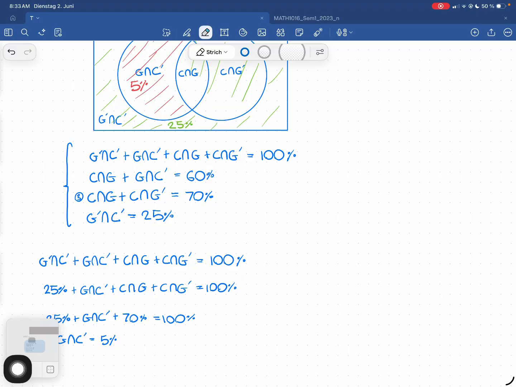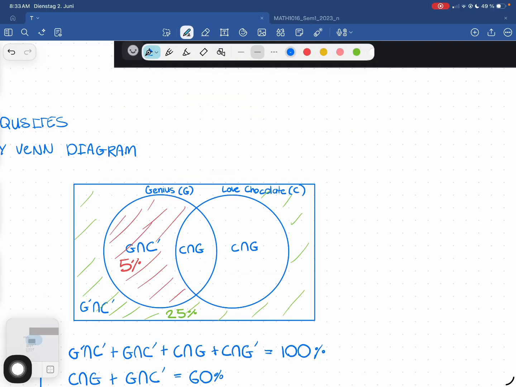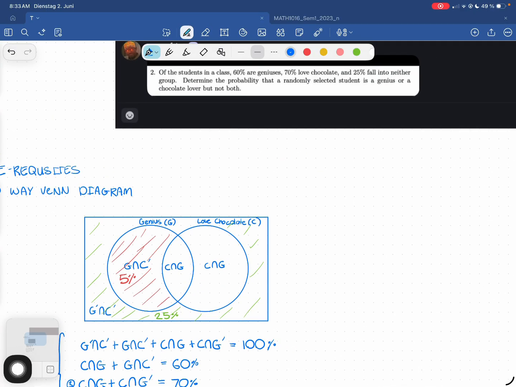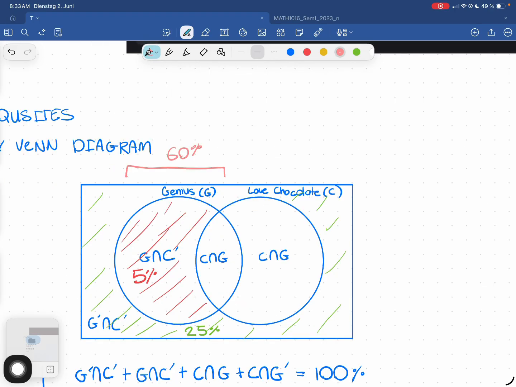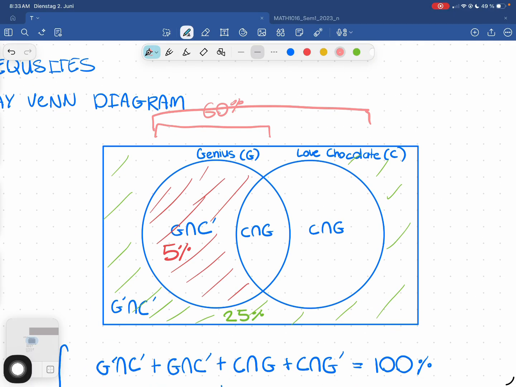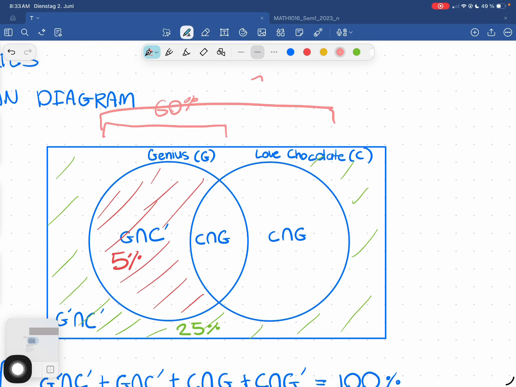And this can be expressed algebraically. We can also apply the same logic, right? So if 60% are geniuses, then this area, that's 60%, right? This is 25%. And we know that this whole Venn diagram without the non-chocolate lovers and non-geniuses, this is 75% because it has to add up to 100%.